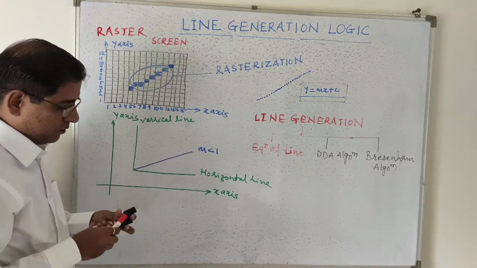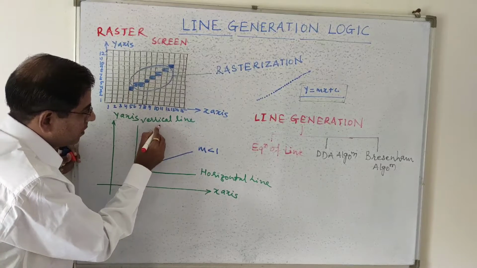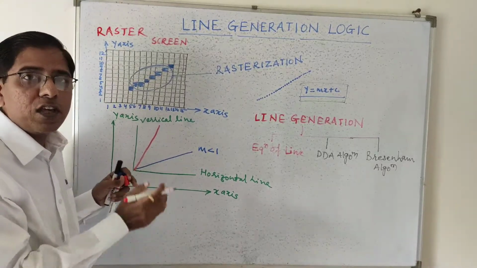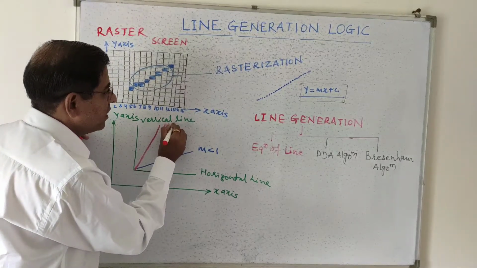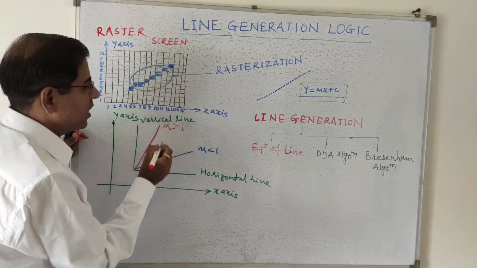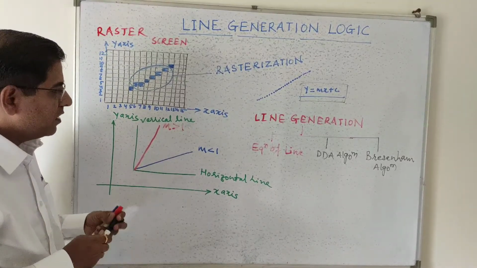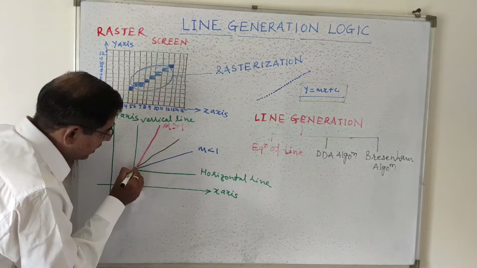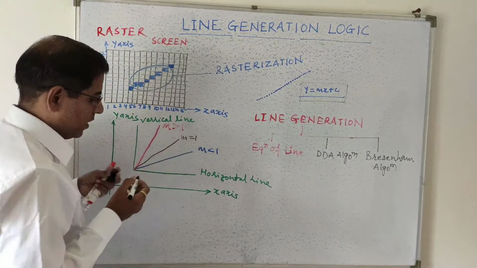Then this is a line whose inclination is more than 45 degrees, so here the slope of the line is greater than 1. And there is one line whose inclination is exactly 45 degrees, so this has slope equal to 1.